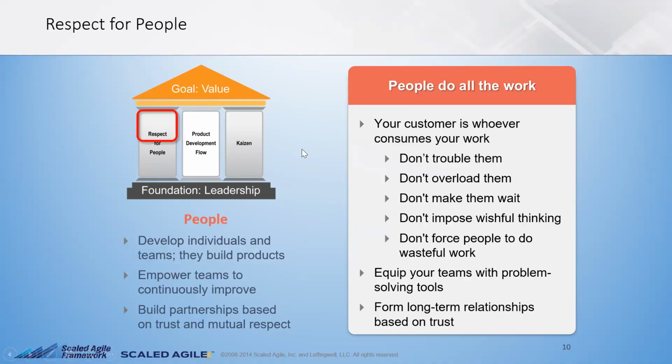Now here again they want to stress respect for people. Here we are trying to analyze a single pillar to achieve the goal efficiently in terms of the leadership triangle. So people develop individuals and teams, and they build the products.